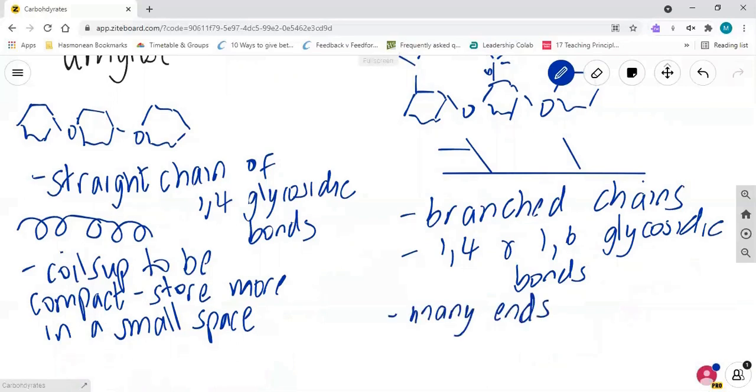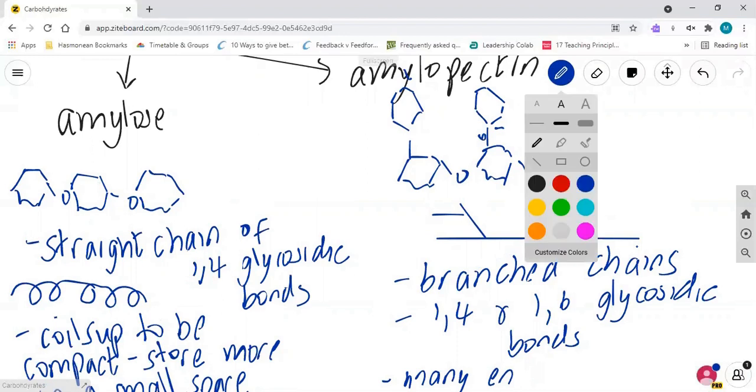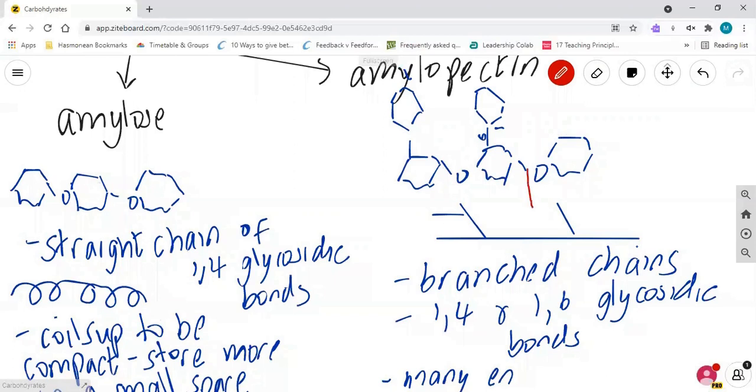Why are the ends important? Because if you think about what's going to happen at the ends, then what's going to happen is that when we need to release glucose, we're going to hydrolyze the ends like that to release the glucose. And the more ends that you have, the easier it is to release it, the quicker it is. Okay?